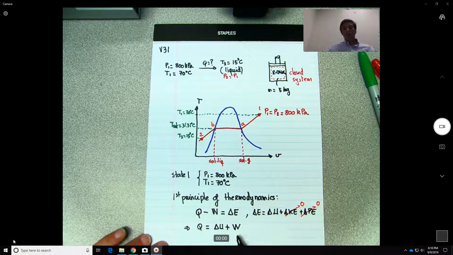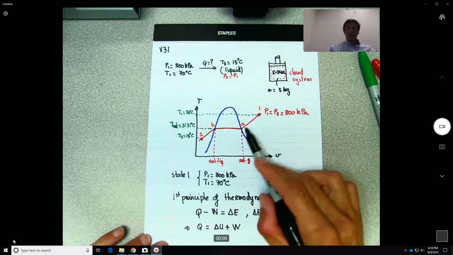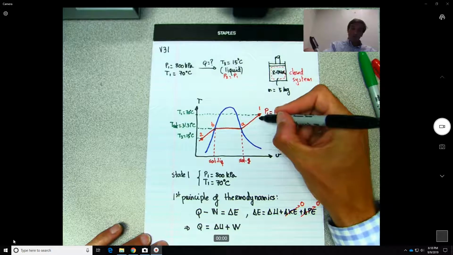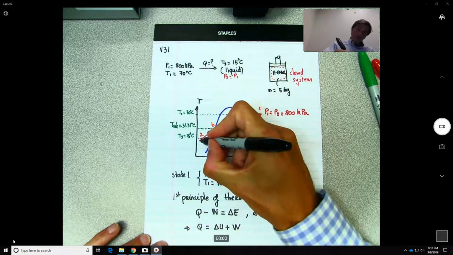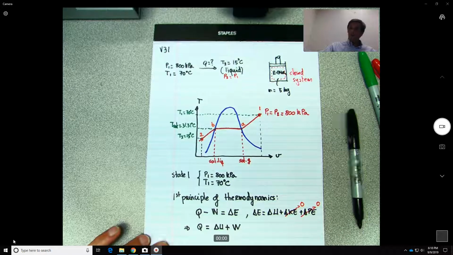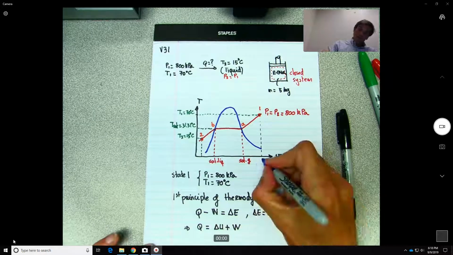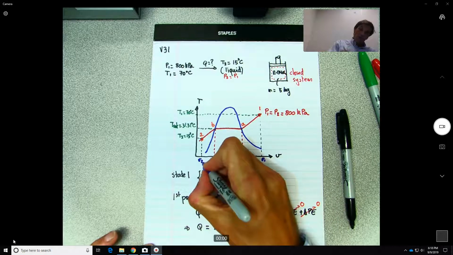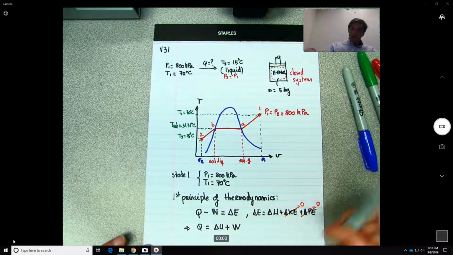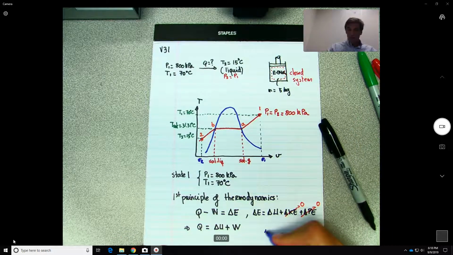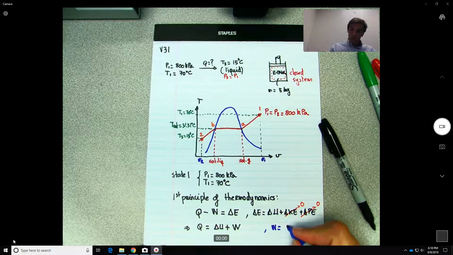Okay, so in this case, what is doing work? We know the pressure is constant, but the volume is going to go from V1 to V2. So we're going to have work done by the pressure. And we know that the work done by the pressure is equal to P dV.